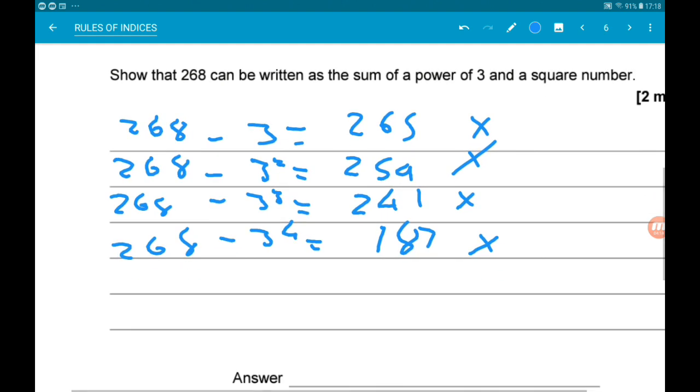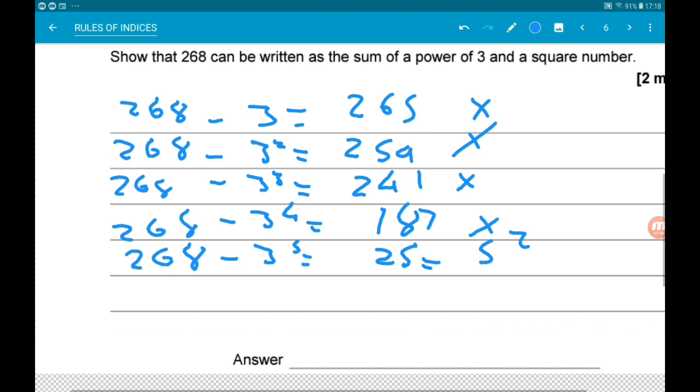Okay, 268 minus 3 to the power 5. Now 3 to the power 5 is 243, so that's going to give us 25. Now 25 is a square number, it's 5 squared.